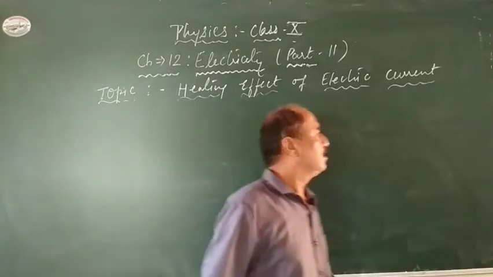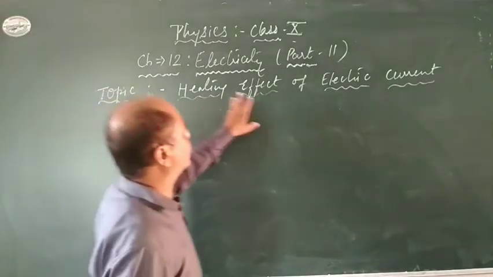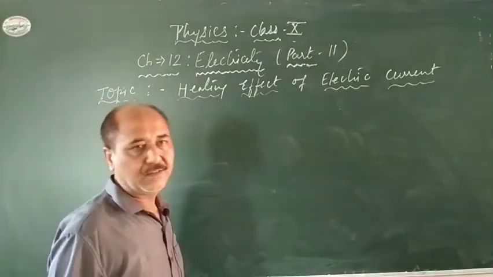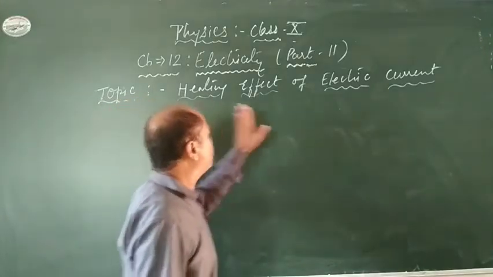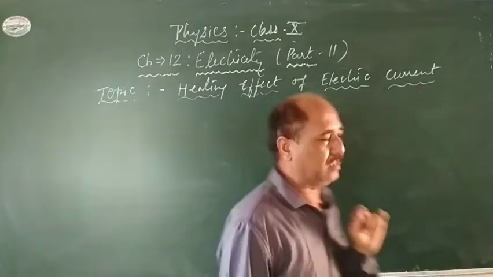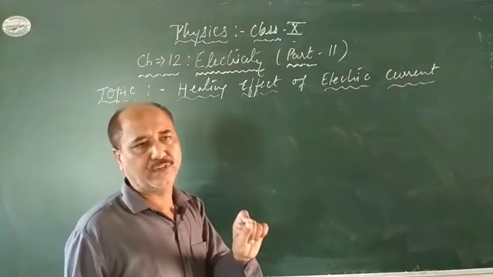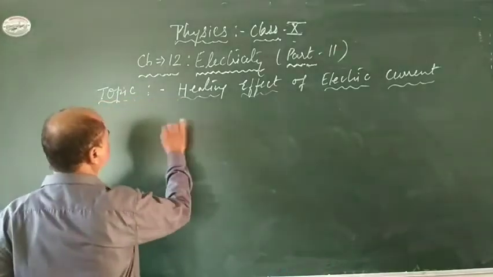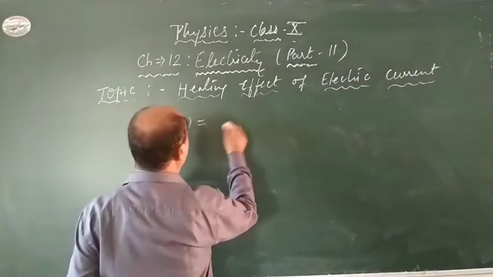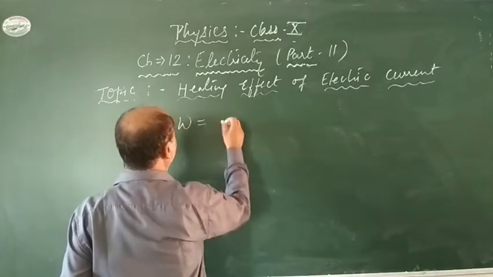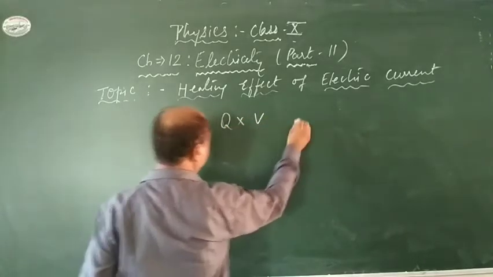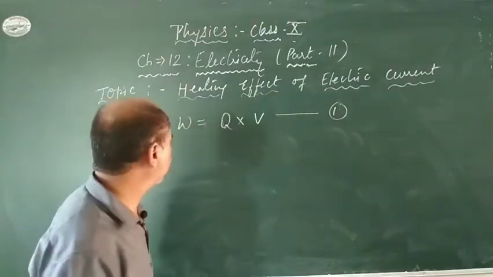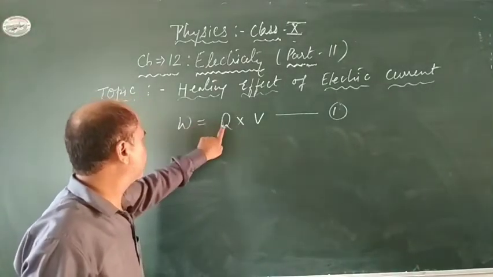Now let us consider a conductor which has a resistance R and the current flowing through it is I. Then the work done in moving Q charges in time t, that is, the amount of charge flowing across that conductor whose potential difference is V, is given by W. That is, W equals Q into V. This is our first expression.